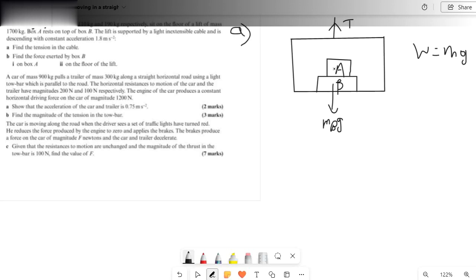Similarly, A also has a weight force of mAg, and the lift also has a mass, so it should be 1700 g.